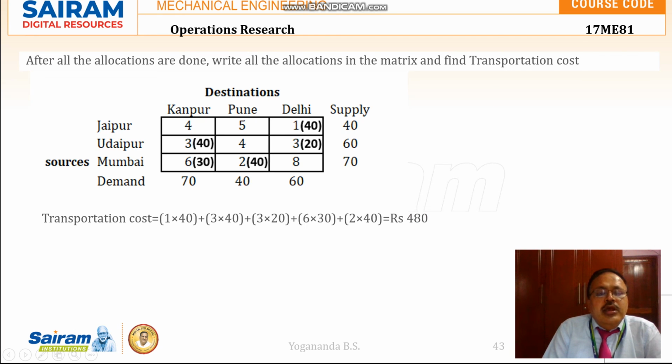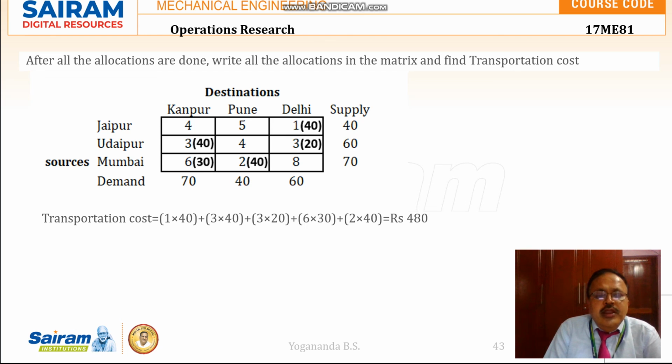After all the allocations are done, write the allocations in the matrix and find the transportation cost. So the total transportation cost comes to rupees 480 using these allocations, like 1 into 40 plus 3 into 40 plus 3 into 20 plus 6 into 30 plus 2 into 40.